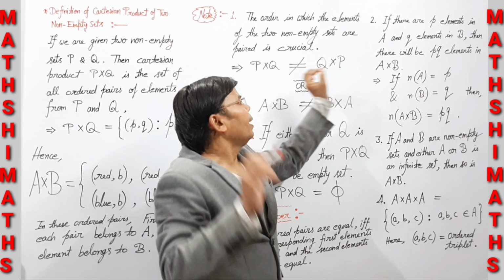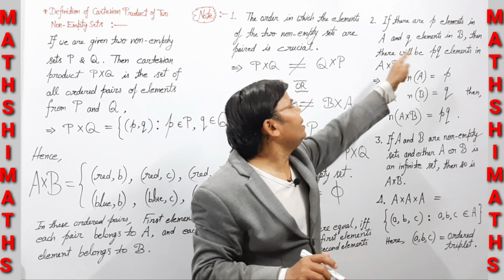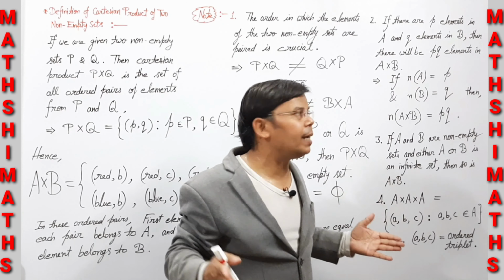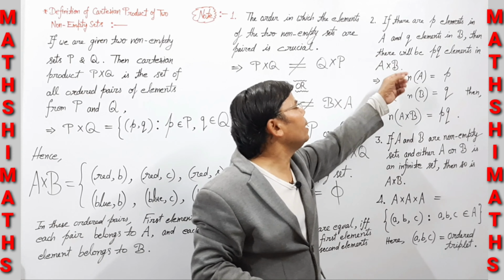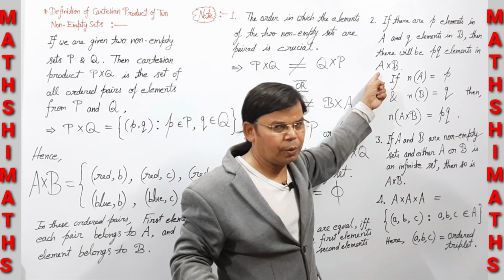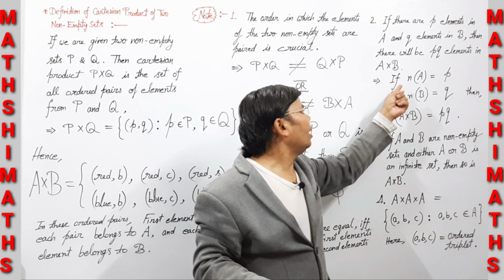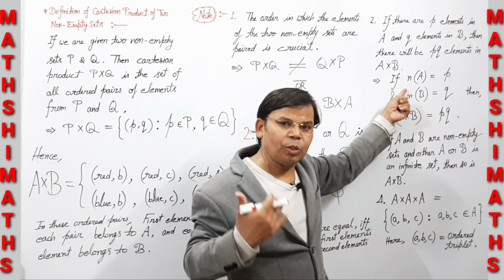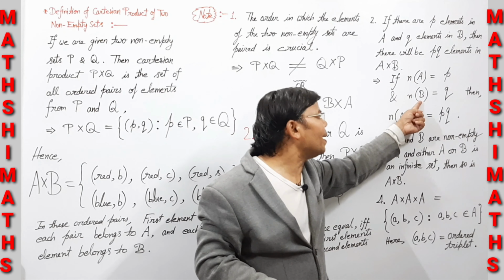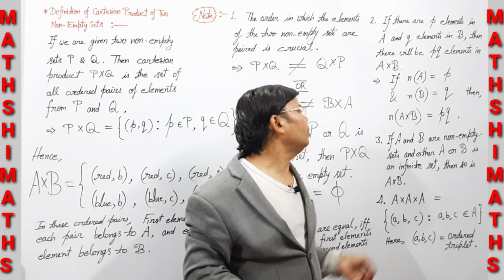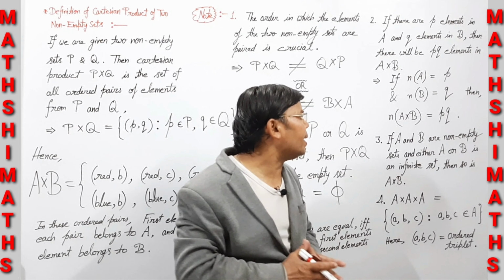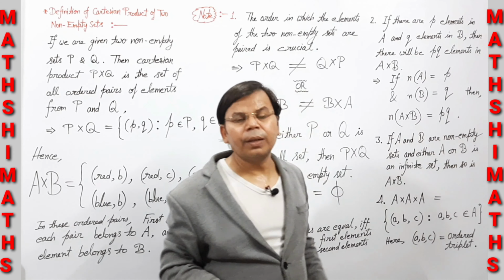Next point: if there are p elements in set A and q elements in set B, then there will be pq elements in the Cartesian product of set A and B. It implies that if the number of elements in set A is equal to p and the number of elements in set B is equal to q, then the number of elements in the Cartesian product of A and B is equal to pq.